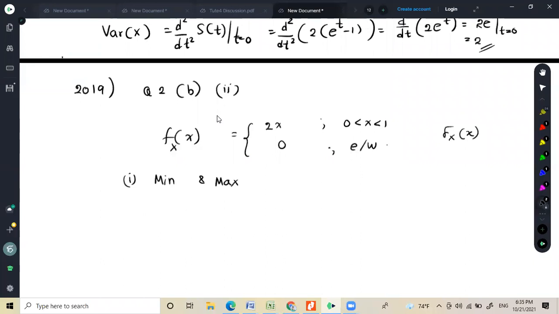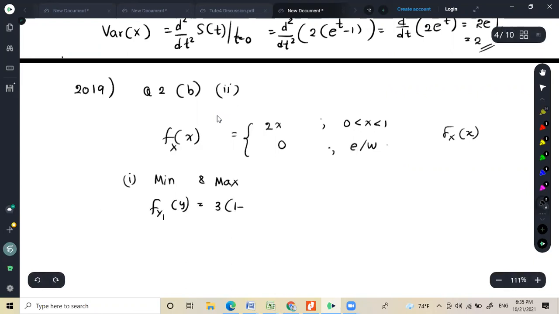In part 2, if I give the answers for part 1, the minimum was this one. I suppose you can try this one and find it easily. How do you find the minimum? This is n times (1 minus F(y)) to the power n minus 1 times f(y).